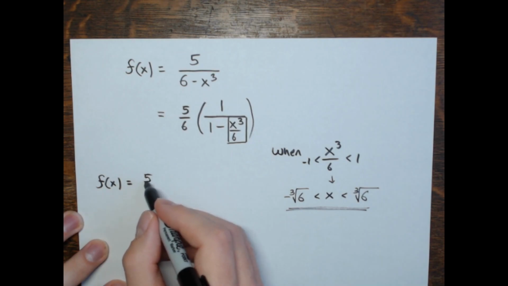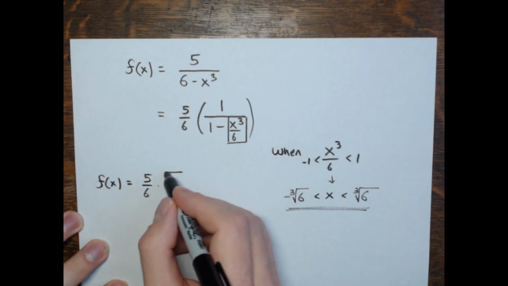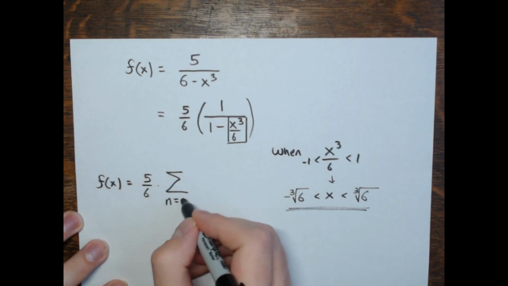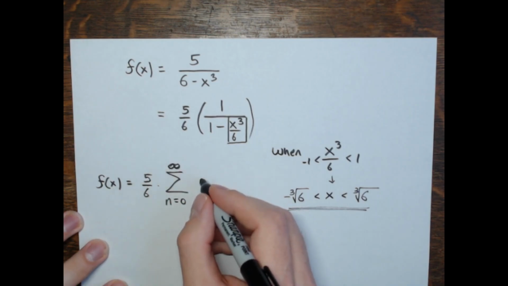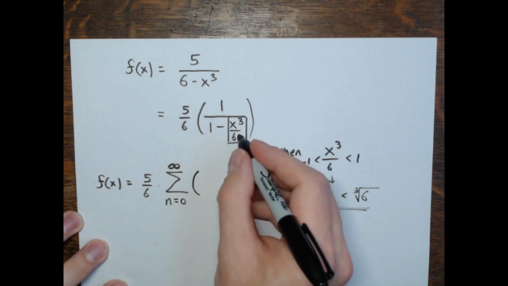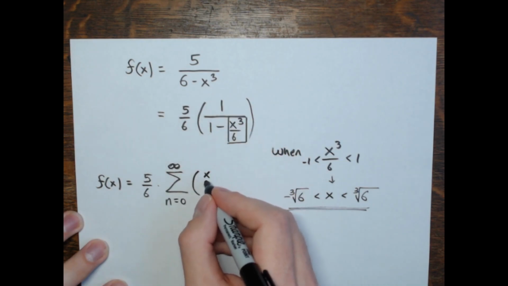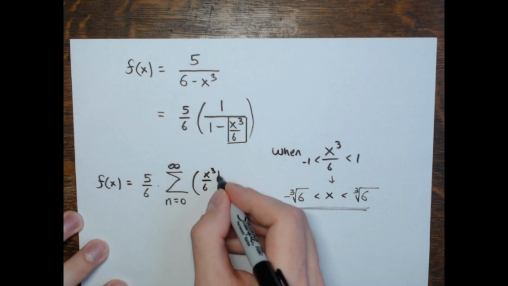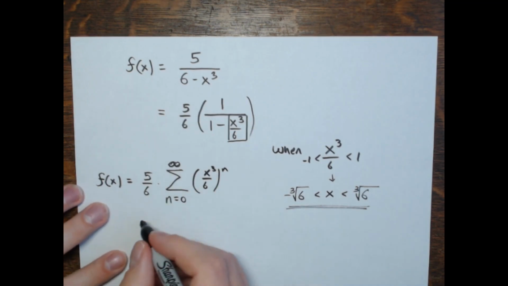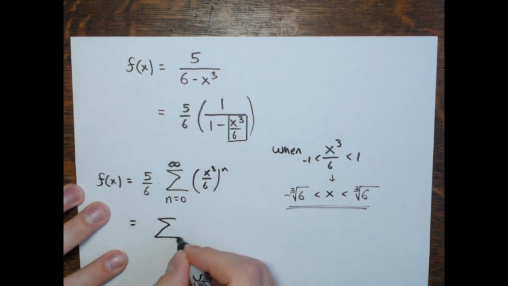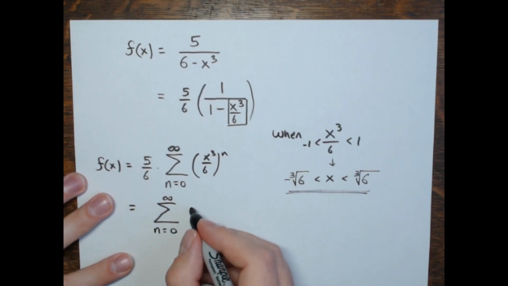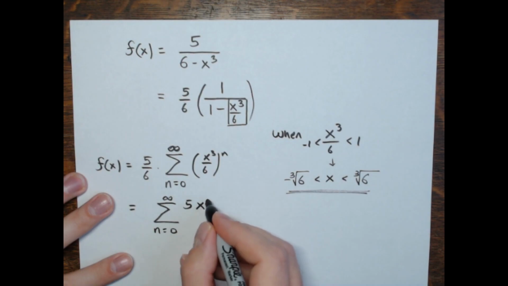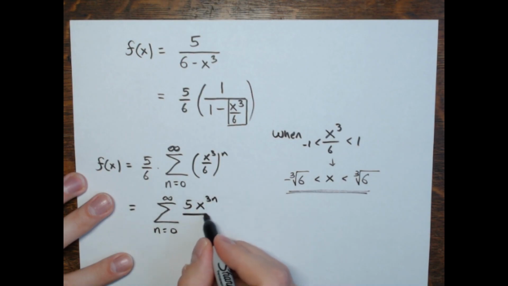It will be 5/6 times the sum from n equals 0 to infinity of, and then your 1 over 1 minus box is the sum of box to the nth, right? X cubed over 6 to the nth, which if I rewrite some stuff here, will be the sum from n equals 0 to infinity of 5 times x to the 3n power over 6 to the n plus 1, right?